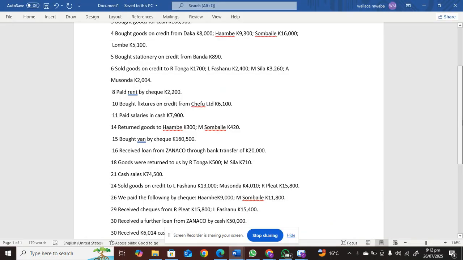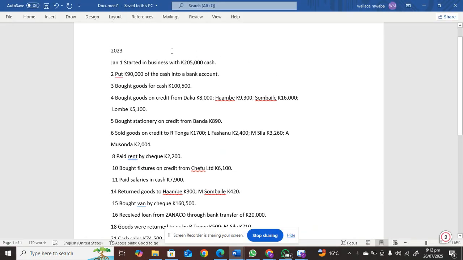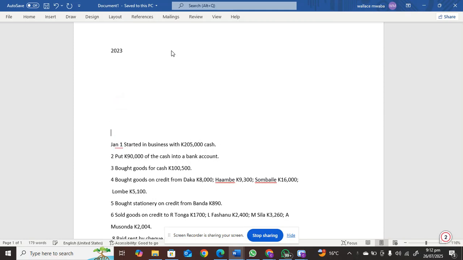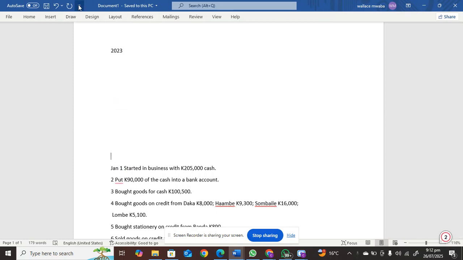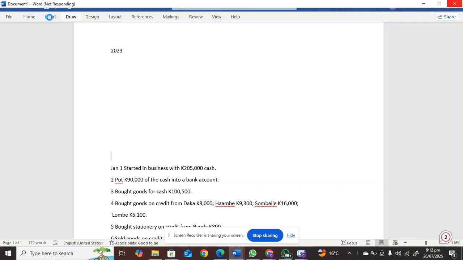Okay, so let me just put the diagram that we'll be using, which we'll be referring to for our journal entries here.